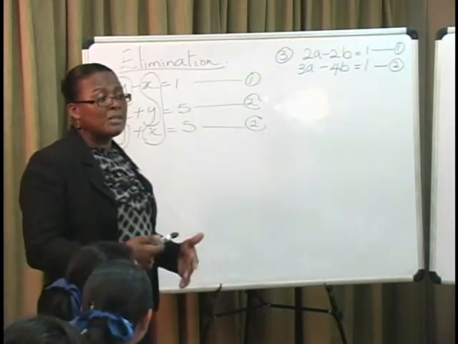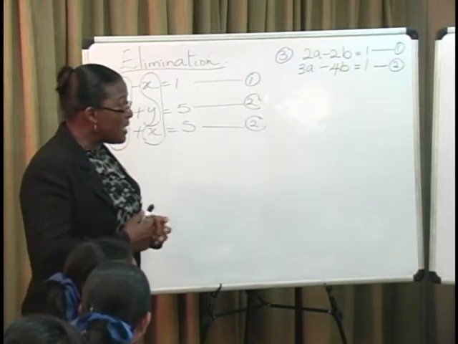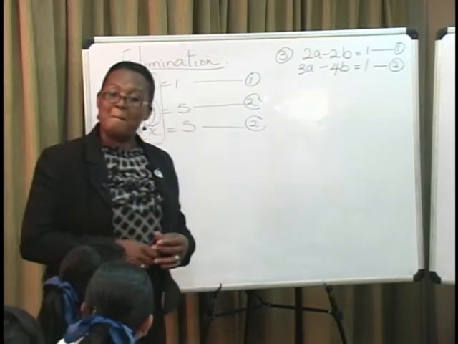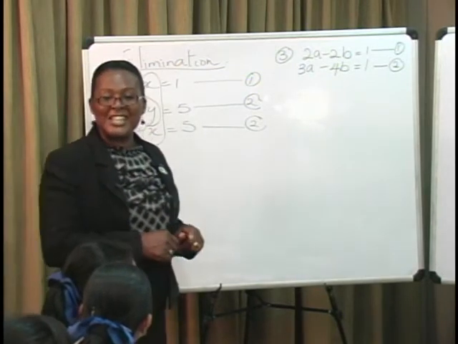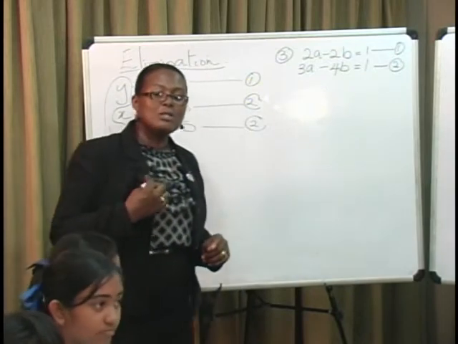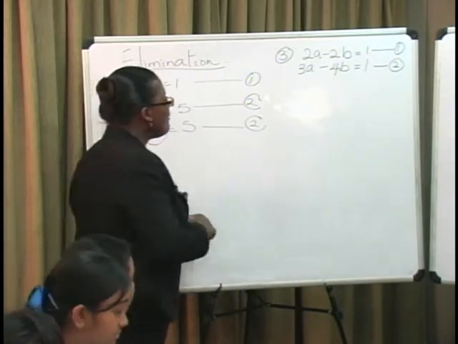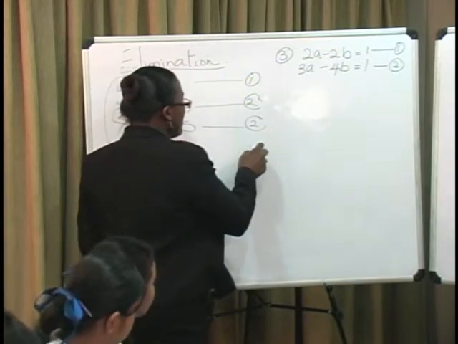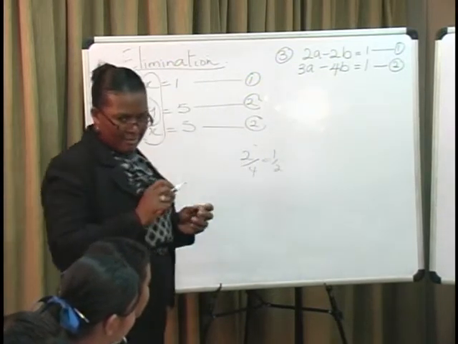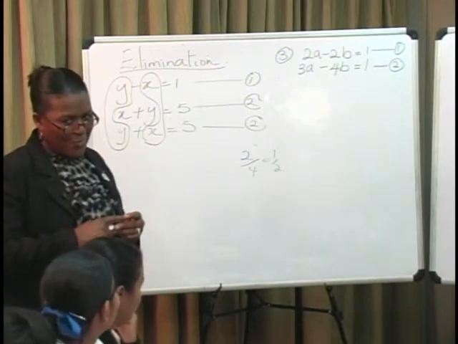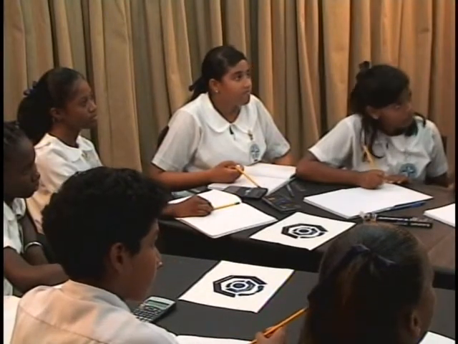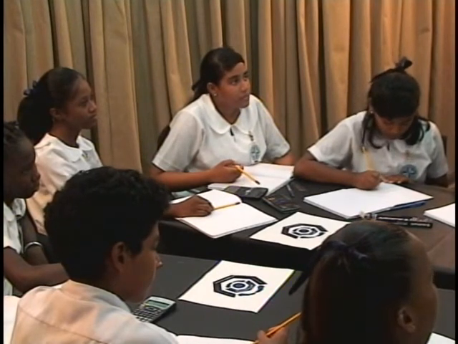What do you think we can possibly do to make any pairs the same? Yes, Ashley? Let's divide the 2 by the 4, miss. Divide the 2 by the 4, but if we divide the 2 by the 4, we're going to get a half. Remember, we have to make them the same.